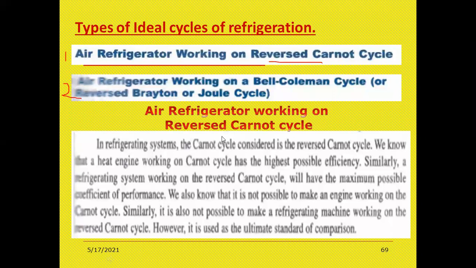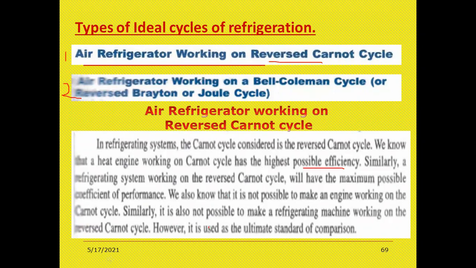We are using the reverse Carnot cycle for the most efficient use of the refrigerator. But it is only theoretical in conception, though it serves as the ideal cycle to be approached in practice. The Carnot cycle gives the highest possible efficiency during the refrigeration process.